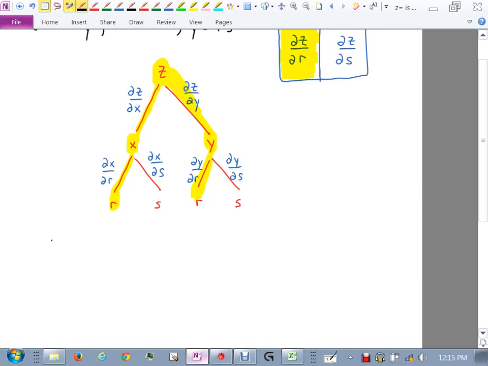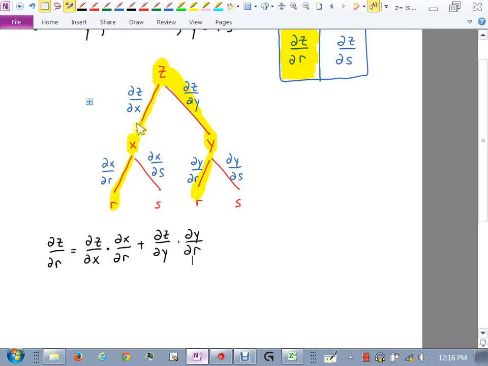So what we would have here is that the partial of z with respect to r would be partial z with respect to x times partial x with respect to r plus partial z with respect to y times partial y with respect to r. Do y'all see that?